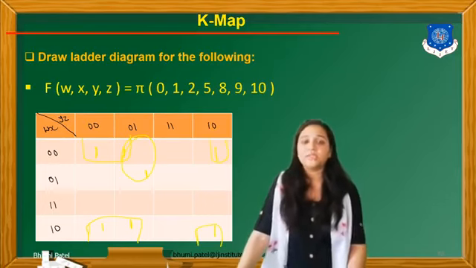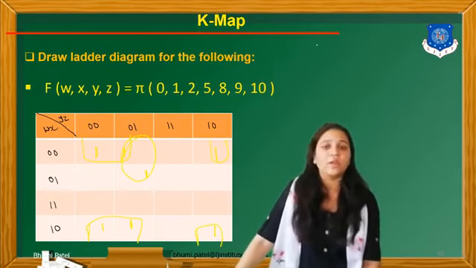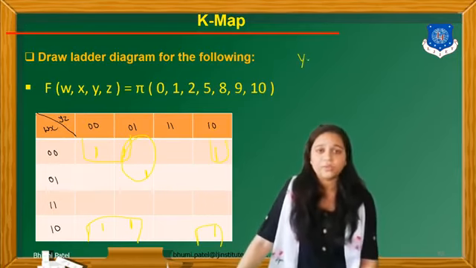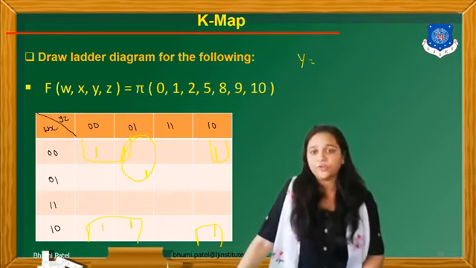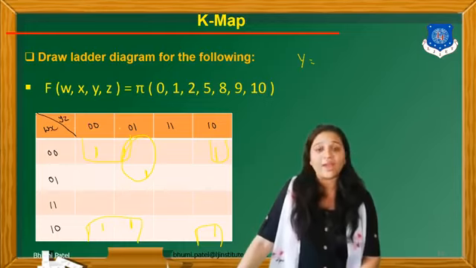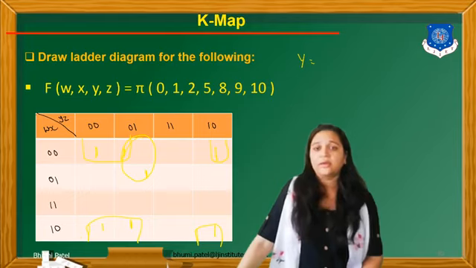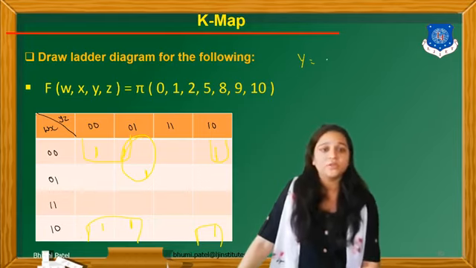Okay, so what is the equation for this particular K-map? So Y is equal to first 4, 1. So we can write the equation in these two manners. What is the common? 0 is common, 0 for y dash. Okay, and here x dash is common. So we can write here x plus y.